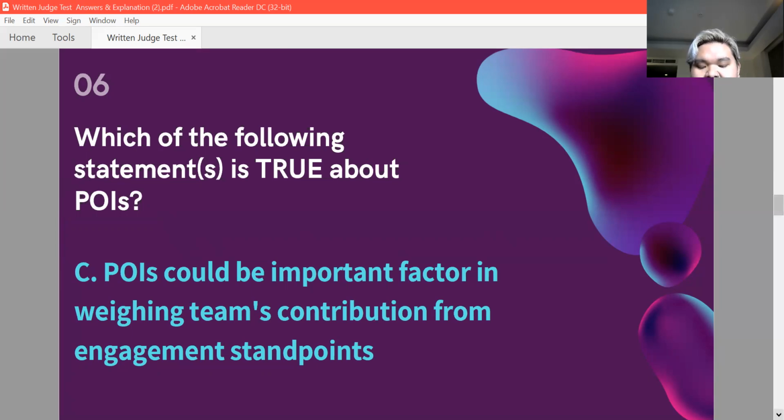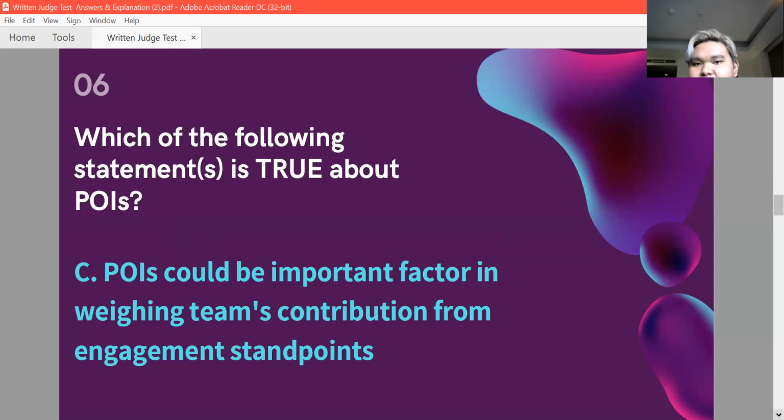For example, in Argumentum Open, we're going to use the standard that is applied in Worlds, or WUDC, about the importance of POI: that every debater is encouraged to take at least one POI and also to offer POI to other teams, because POI can be put into your consideration in weighing a team's contribution. A POI is a legitimate argument or legitimate response.